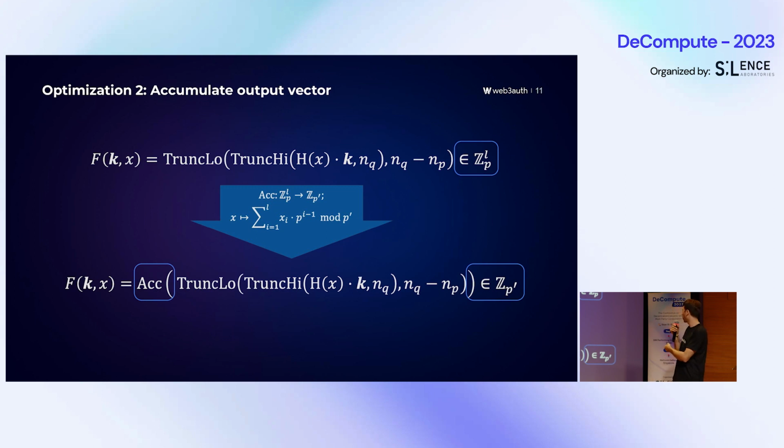So we have an output vector modulo P, where P is a power of 2, but we need at least a random element in a prime field, and there's a known conversion to accumulate these elements so that we get something random in the prime field.